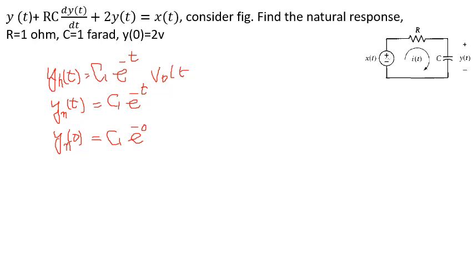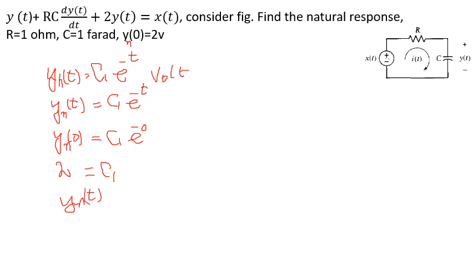So y n 0, which is given here, equals 2. I think these are quite straightforward, right? And this is c1 e power 0 equals to 2. So the natural response is just simply y n t.